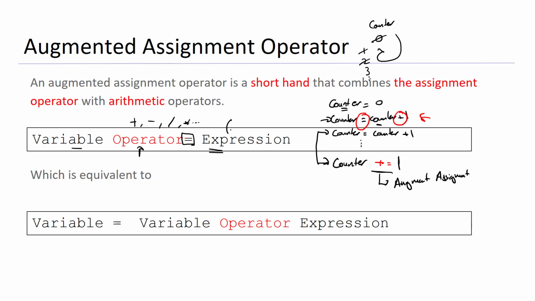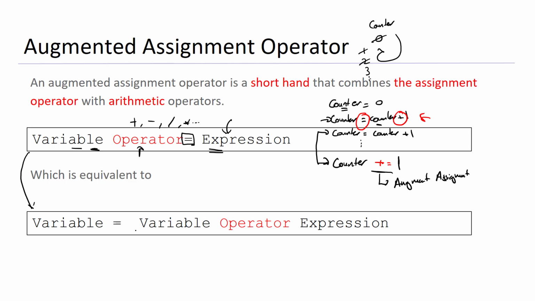The value of this expression will be added to, subtracted from, or divided into the content of that variable. This is equivalent to saying variable equals the variable, followed by the operator, followed by the expression.